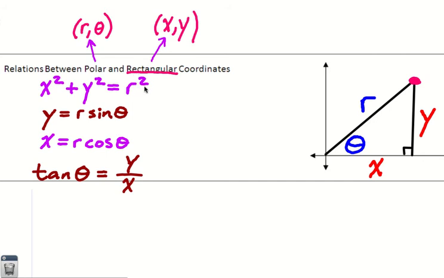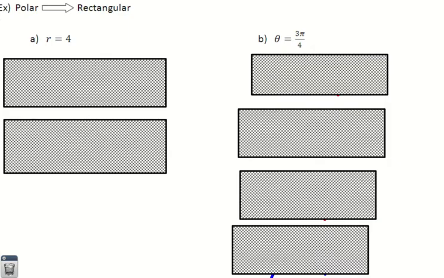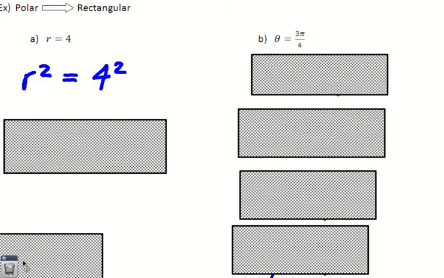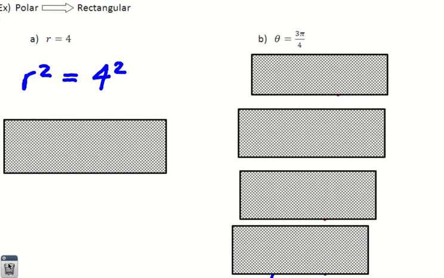I mean, if only this was an r squared, we could replace it easily with x's and y's. So here's what we're going to do. We're going to square both sides.